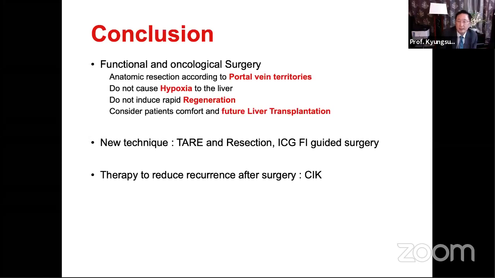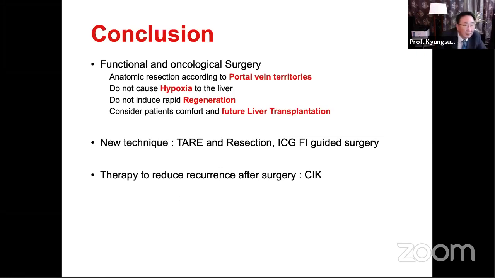ICG fluorescence imaging guided surgery is already very popular, but anyway, it is a very useful technique in liver surgery. Still, we need some measure to reduce recurrence after surgery. Anyway, thank you very much for your attention.